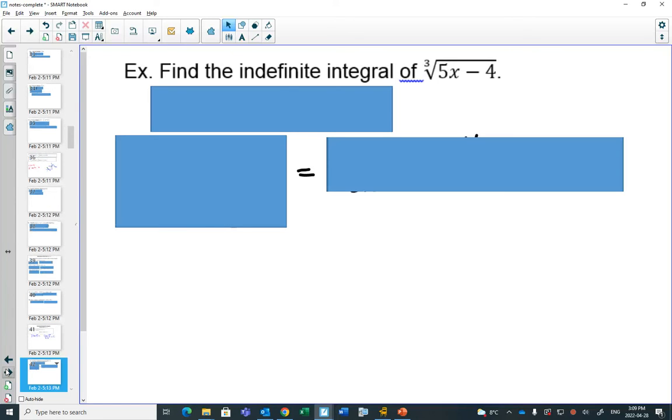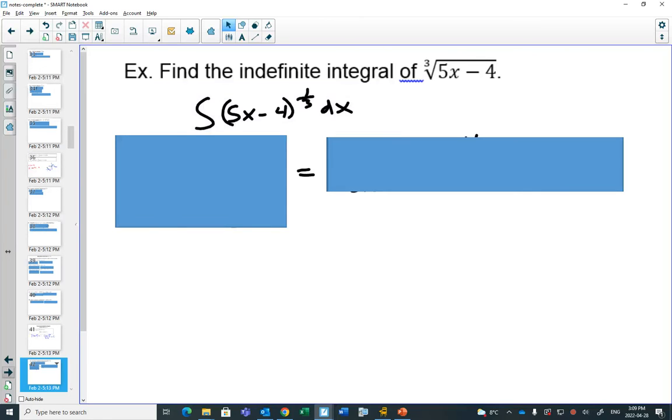Here's another one. So we want to find the integral of the cube root of 5x minus 4. Step 1, change the cube root to a 1/3 exponent. And we notice what's inside is 5x minus 4. It's in the form ax plus b.